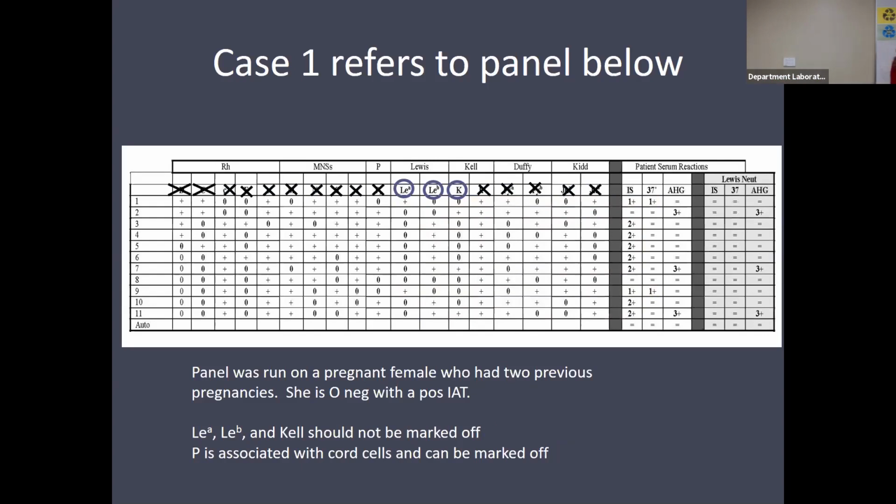Now, I want you guys to make sure you understand when you do Lewis neutralization, you are completely repeating the panel, all right? So you are treating patient plasma with your manufactured soluble antigen, your Lewis substrate, which has a soluble antigen in it. It will absorb the Lewis antibodies out of your patient plasma. Okay, that's why they don't react, because they have been absorbed out of your patient plasma.